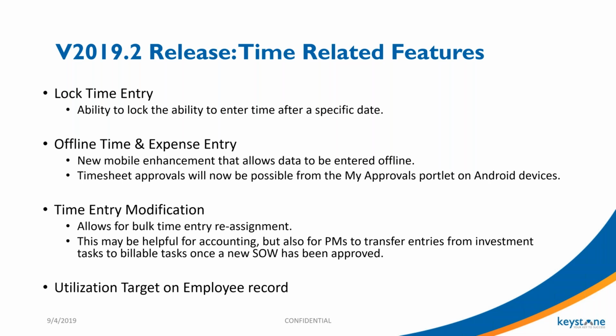And it'll be system-wide. I think most clients will want to use it so that now that we're in September, they might block people from entering time in July and earlier. There are people who enter time who are notoriously late, and you don't want to block them from entering any time because then you can miss some billings. So that's a nice feature.